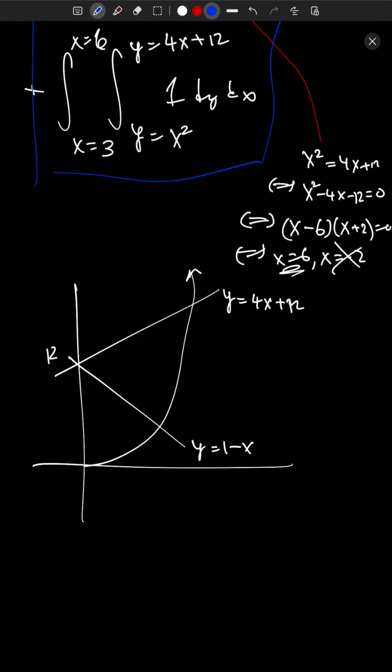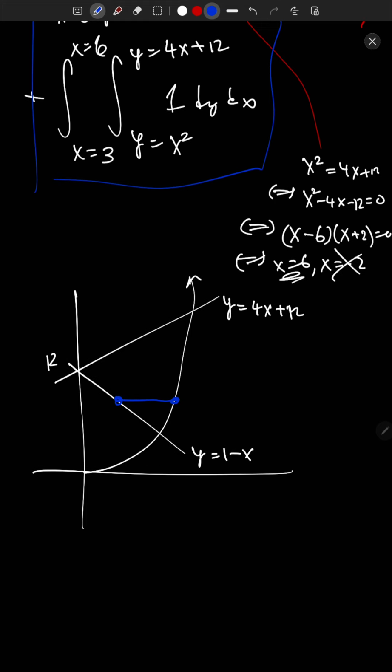Down here in the lower part, our horizontal lines are going to go from the lower line to the parabola. And it's going to be like that all the way up until we get to here. And then our horizontal lines are going to be from the upper line to the parabola. So we're going to have to break this up into two integrals. Okay. The transition point is going to be happening this time at 12.